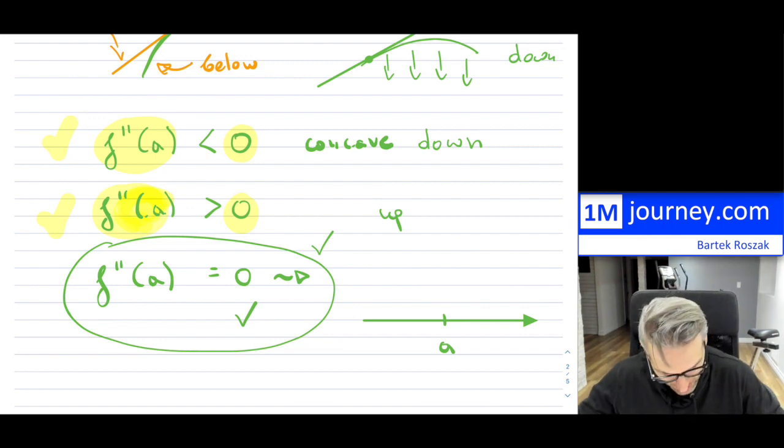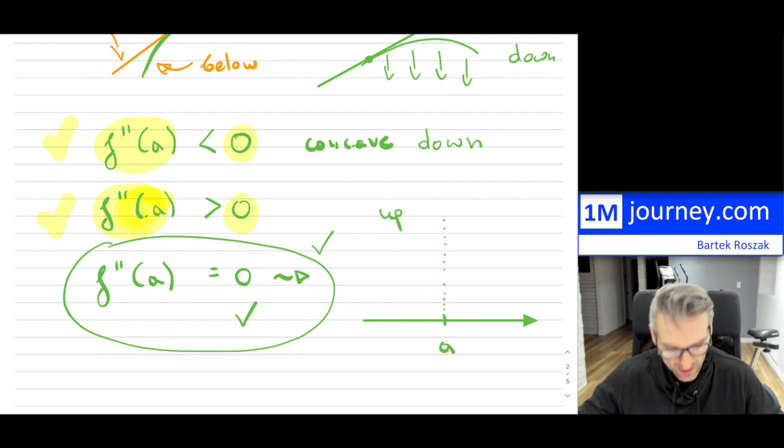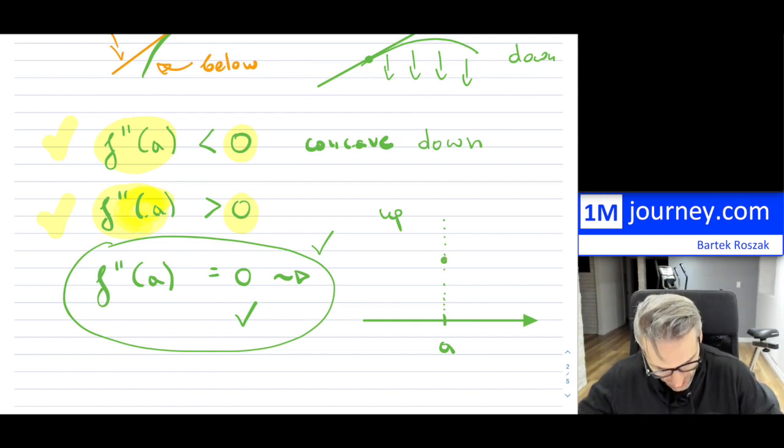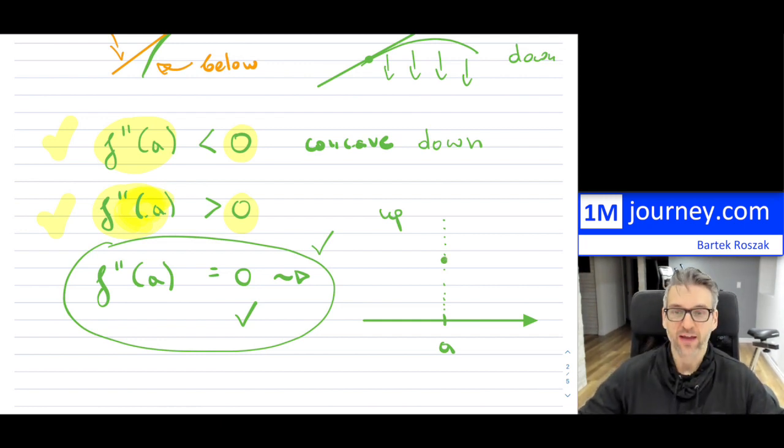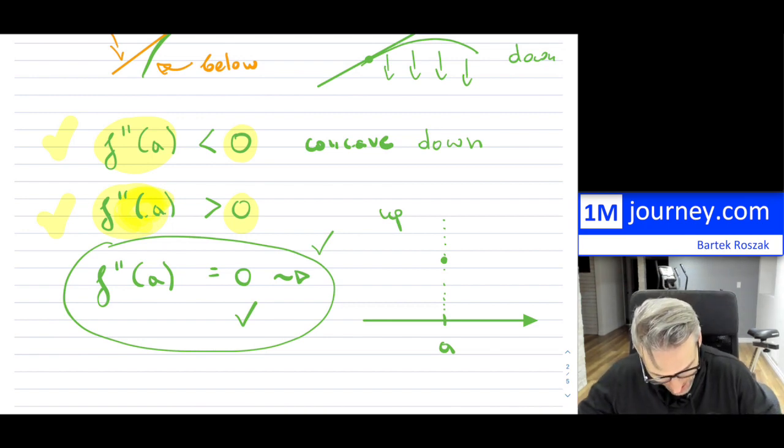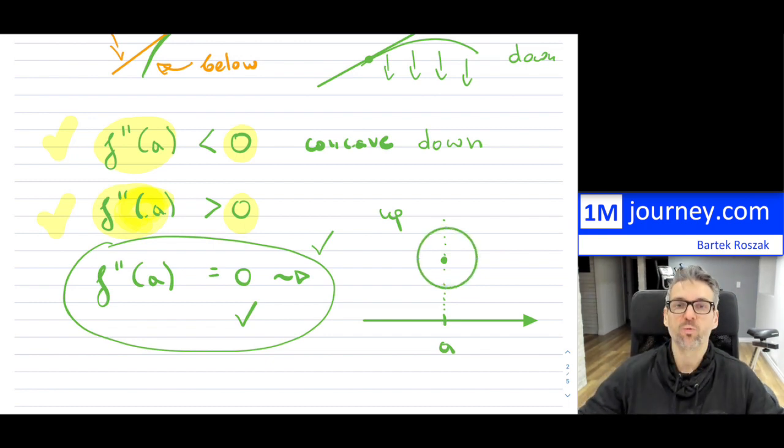And at that particular point, wherever that might be, somewhere along here, you have your function and you take your second derivative and you notice that it's 0. So what you're going to have to check is around the vicinity of that particular point, you want to see what happens to the function.